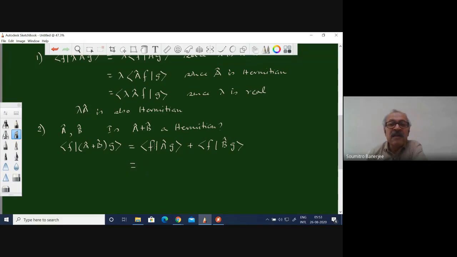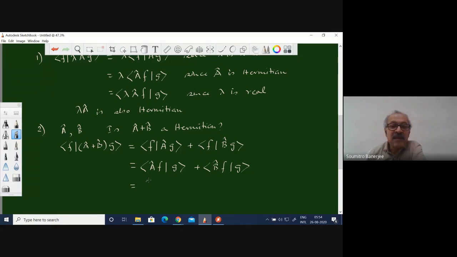This is something we have seen in the last class, that because of distributivity, the integral of a sum is the sum of the integrals. We can bring A to this side and we can bring B to this side because these are Hermitian operators. It is A F G plus B F G. And then I can put them together again.